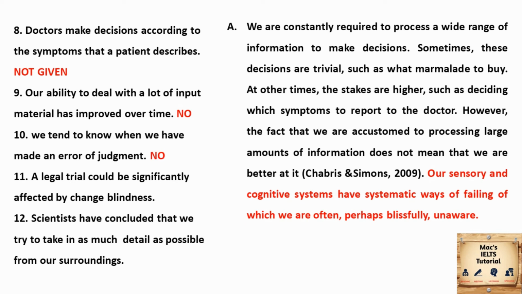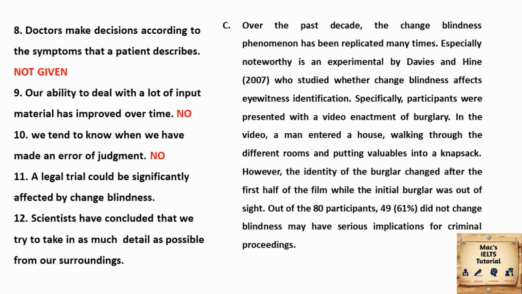Having a look at the 11th question, this question states that a legal trial could be significantly affected by change blindness. In the given passage, it is paragraph C that gives us information about effects of change blindness.